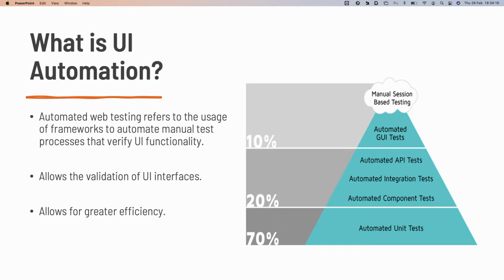So UI automation allows the validation of things like logins, UI workflows, navigation, and other web page interactions, which can be automated. Sometimes you can't automate things, and there's nothing you can do about that except manual testing. But that certainly does have its place.